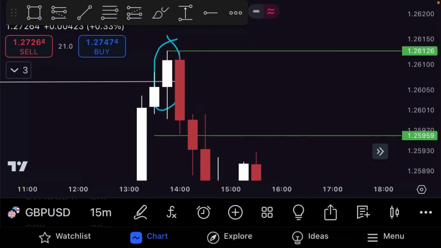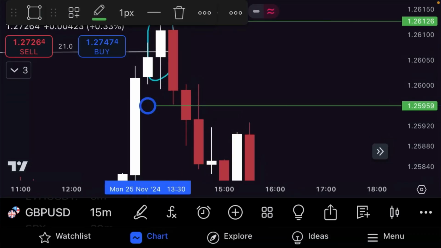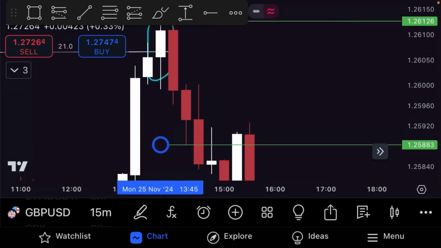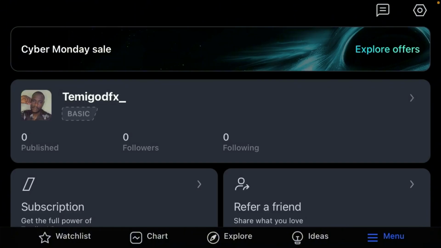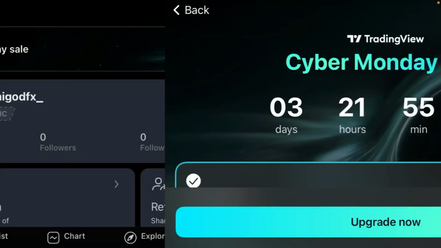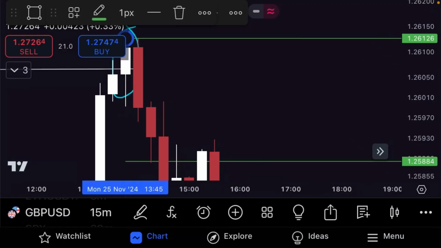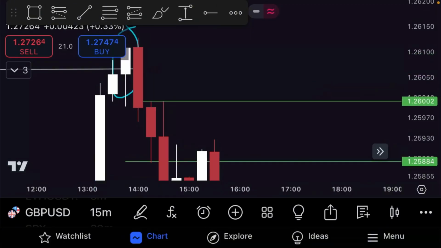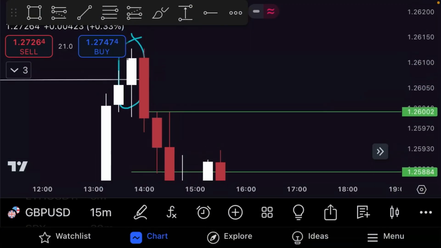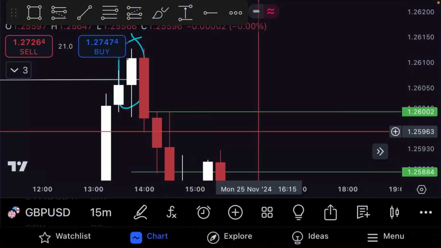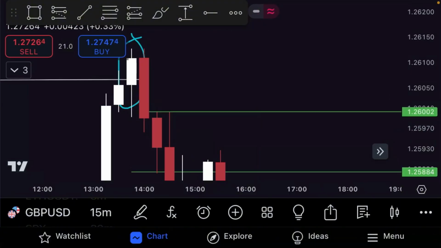So we're looking at this high and this low. The next one came down and this is the low of the next one here, and the high of that candle is here. Now you can see that the third one didn't go above this area, so it means the whole area right here is valid.